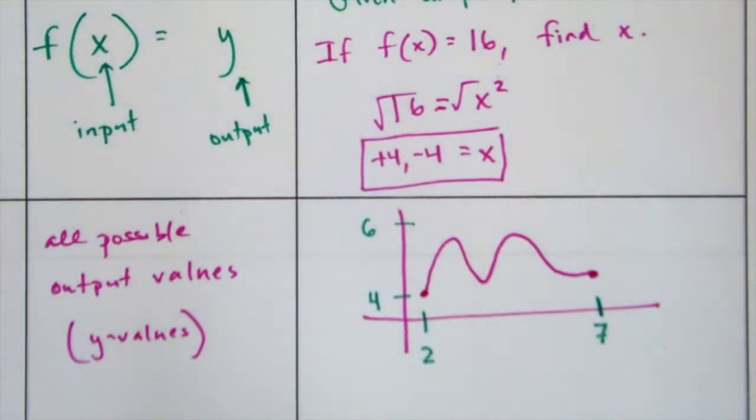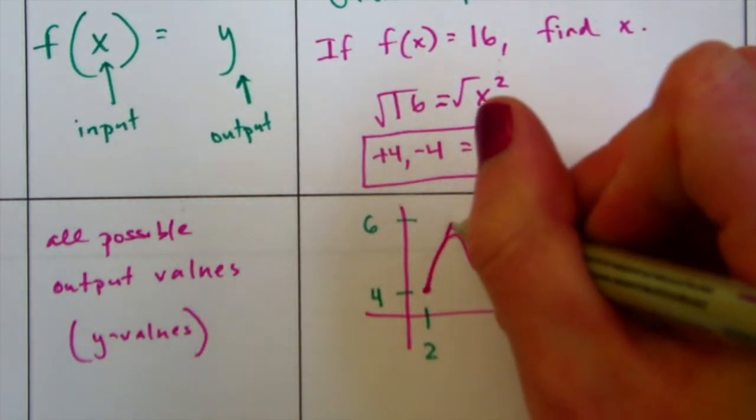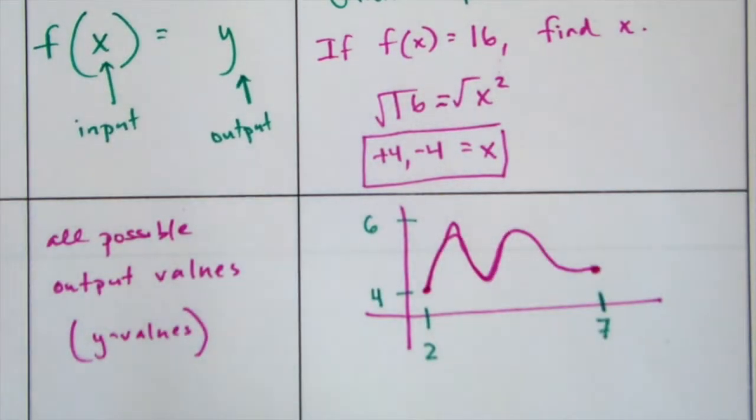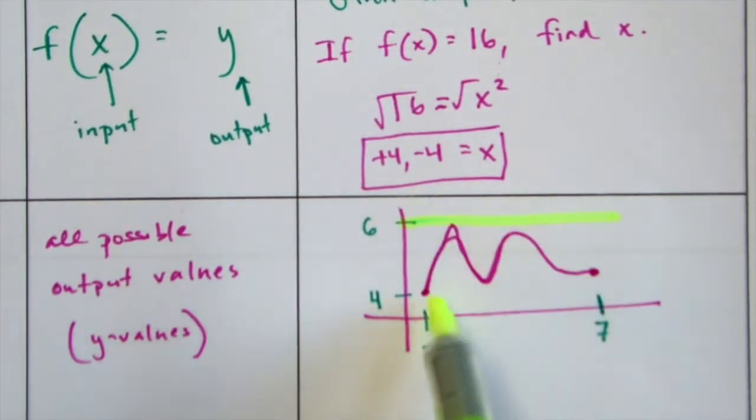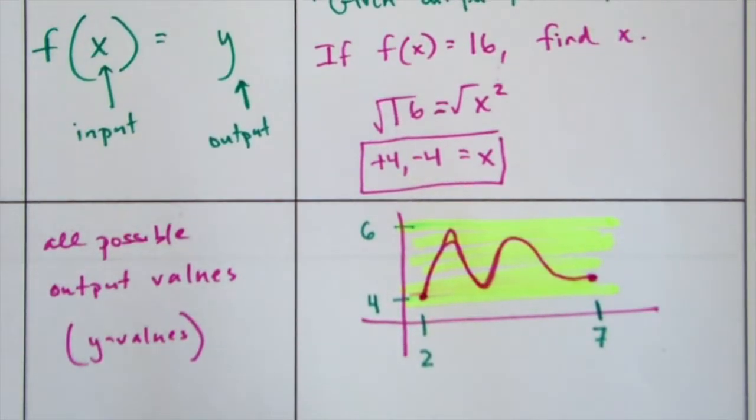For range, what I care about is the possible y values that this function exists between. So, I didn't draw this very well. But let's say that this function exists between the y values of 4 and 6, meaning the lowest y value, the lowest value on the y-axis is 4, the highest value on the y-axis is 6. And the way we'd write that is y is between 4 and 6.